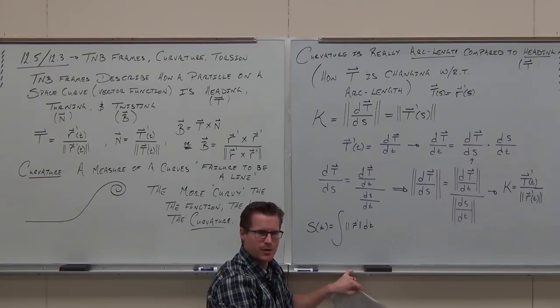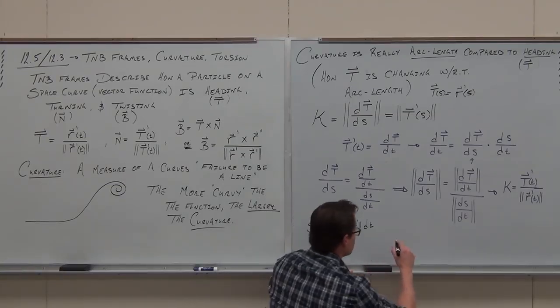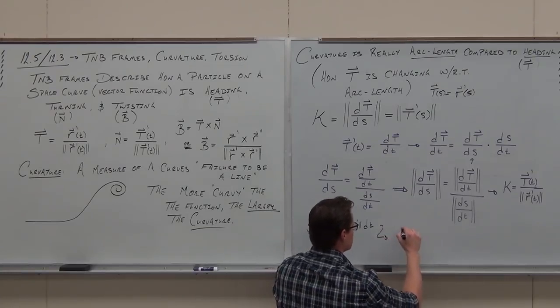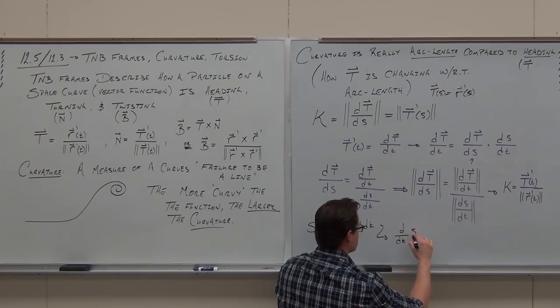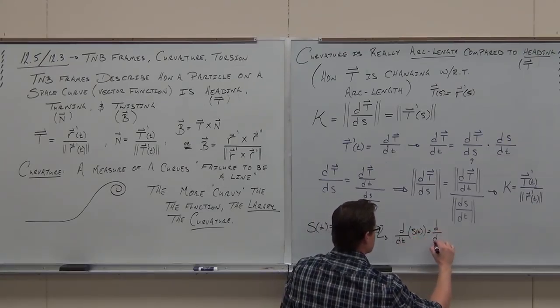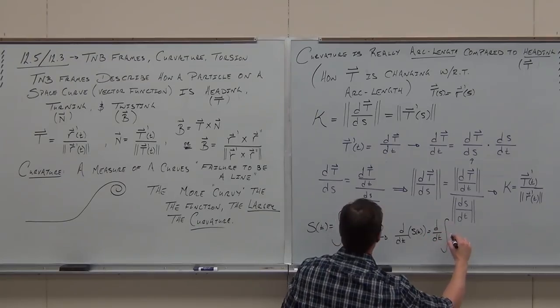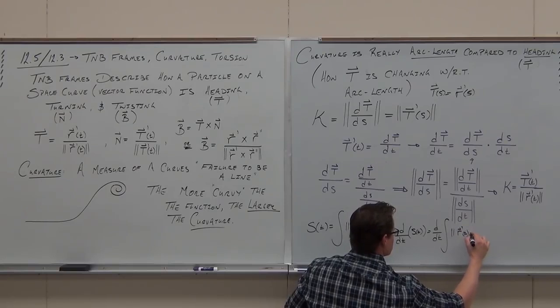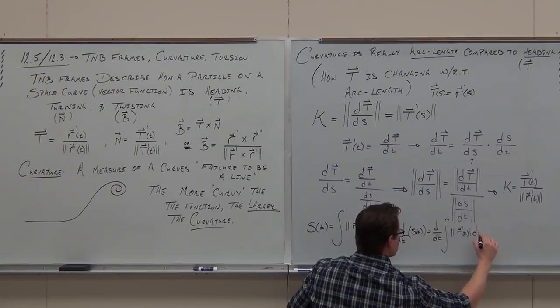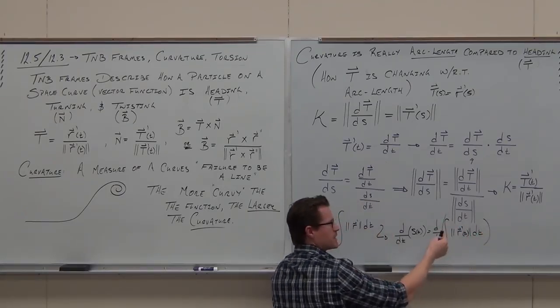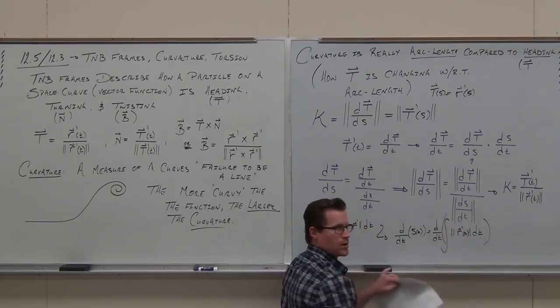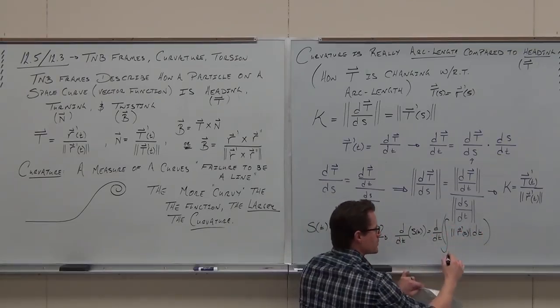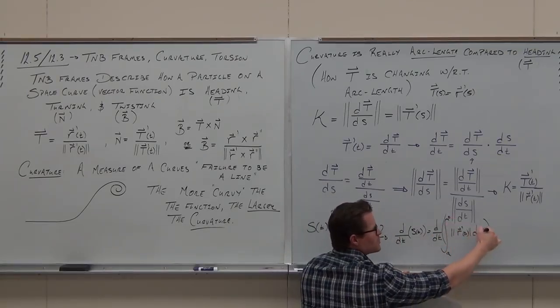Take a derivative of both sides. What happens when you take a derivative of an integral, by the fundamental theorem of calculus, when you're going from a to t, and it's really a little u there?